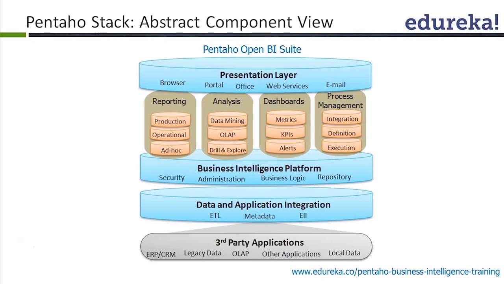Okay, so this is the Pentaho Stack abstract component view. Let's start from bottom up. This is how the Pentaho architecture is. In day-to-day life, in practical situations, you will have a lot of third-party applications deployed and hosted in your organization.